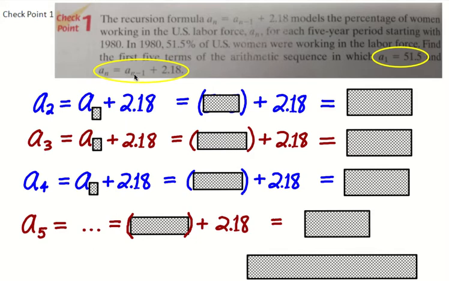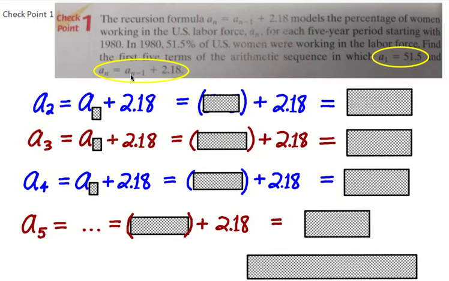Dead giveaway that a sub n minus 1 is in there, because as I'm trying to make clear in class and on the previous video, I would imagine, a sub n minus 1 you should just think of as the previous term. So the nth term is based on the previous term, the n minus 1 term.